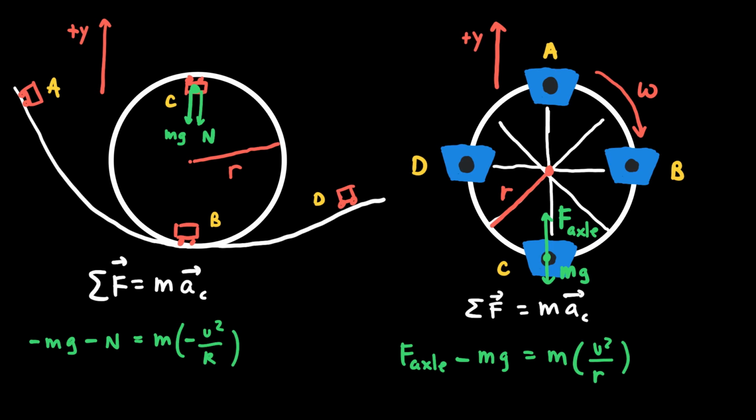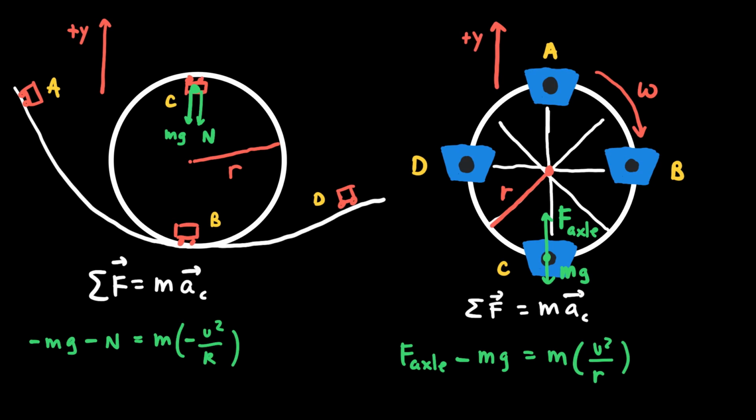So we could use Newton's second law to say that the gravitational force, the weight of that cart, points downward, and the normal force from the track that pushes on the cart also points downward, because the normal force always points perpendicular to the surface. So both of those forces are pointing downward.